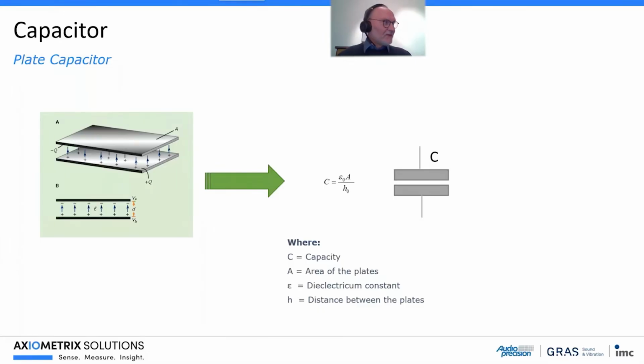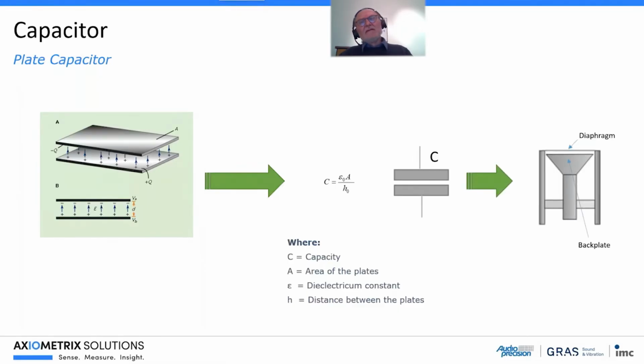The dielectric constant is the insulation material we are using. A different material has a different constant. And then we have to divide this by the distance between the two plates. And by this, we have found the capacitance of our capacitor.